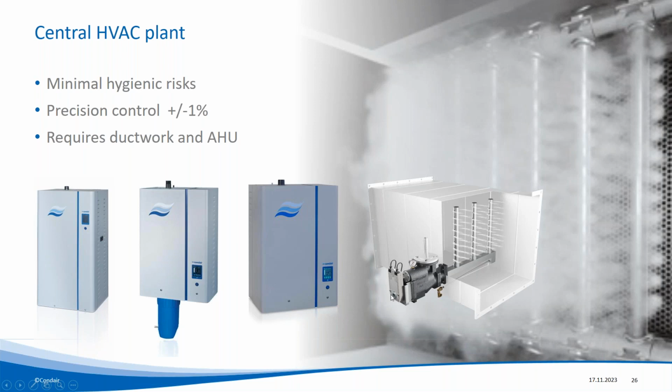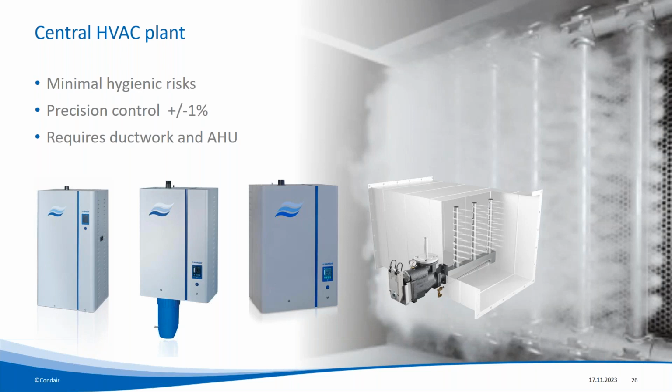Here you've got a live steam humidifier. That steam would come down into the unit through a pressure reducing valve into this valve body. And when we get a demand signal, the actuator would open a valve inside the valve body, and then steam would be released through these steam injection lances, and that would then evaporate and increase the moisture content in the duct to the required condition.